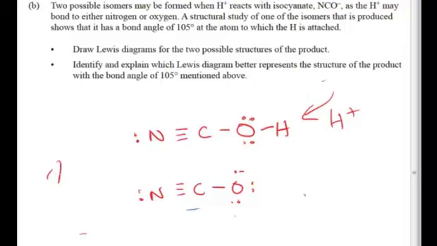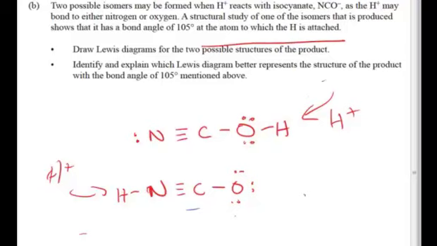Now if we have an H plus coming in on this side, we'll get rid of this bond here. We'll end up with an H on that side. So now when we look at this, it tells us that it's got a bond angle of 105 degrees for the one that the H is attached to.